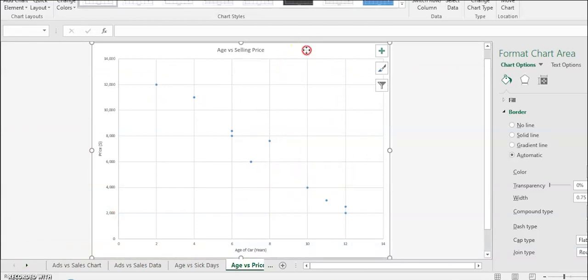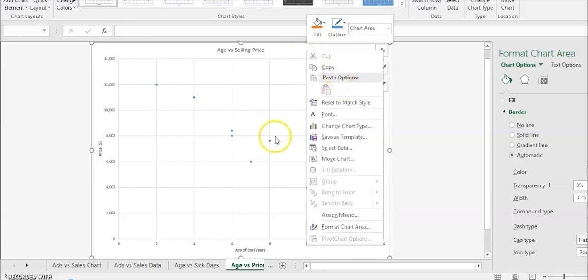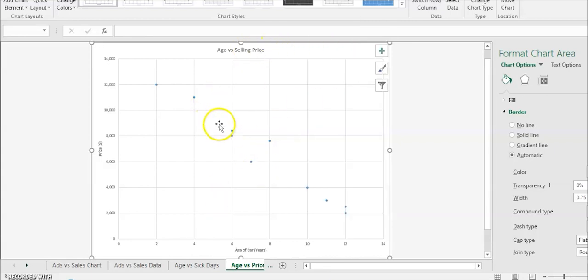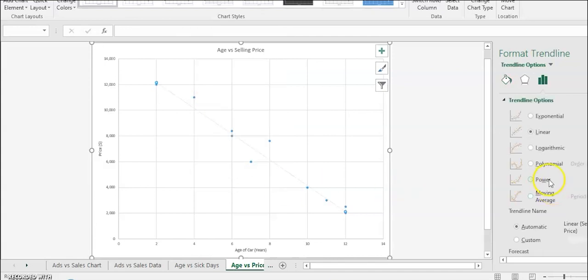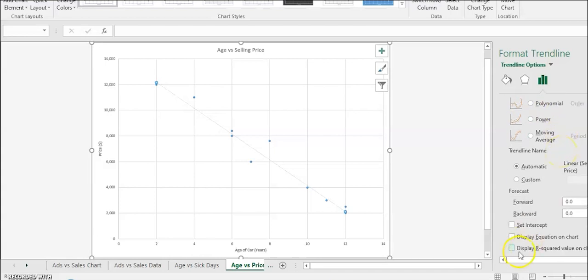We can take this and right click it and copy it and put it into a document. But before we do that, I'm going to put the trend line in once again. So if I go to my point and I right click, I'm going to add the trend line. It's automatically selected the linear. Display the equation and the r squared value, which is the coefficient of determination, remember?